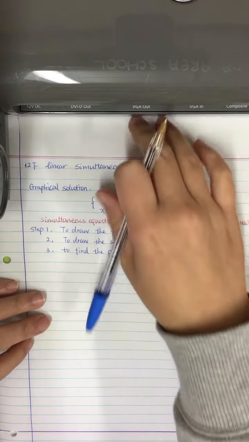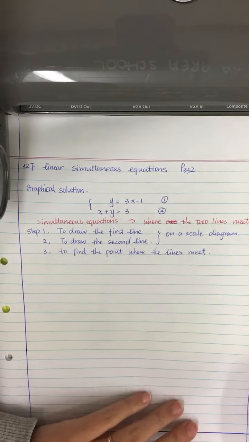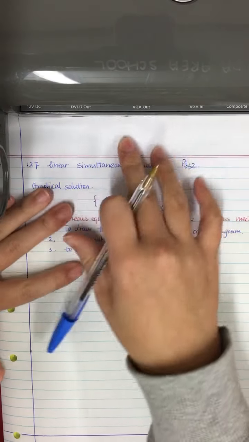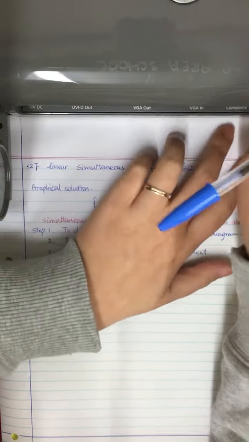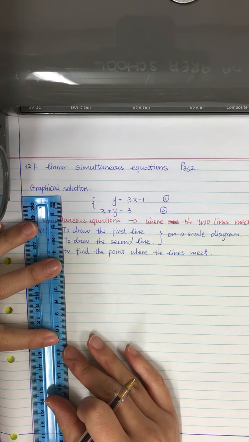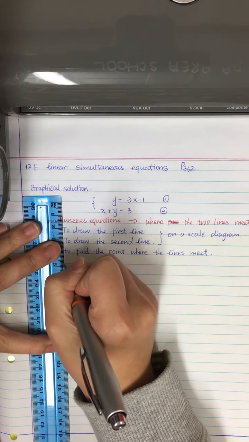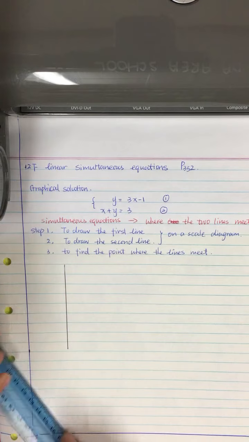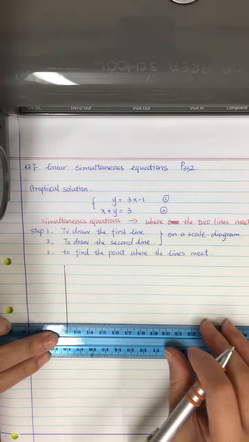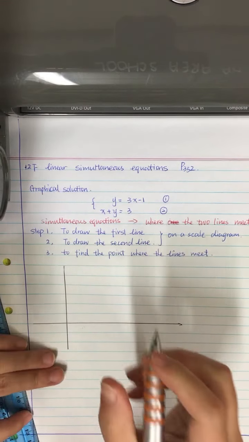So how do we draw the graph? We need to draw a Cartesian plane. I'll use a black pen. So we have x and y. This needs to be a scale, so I can't just point where it says 3 or -1.